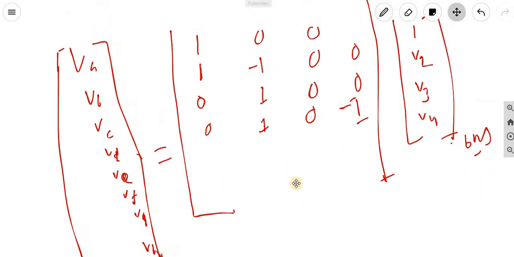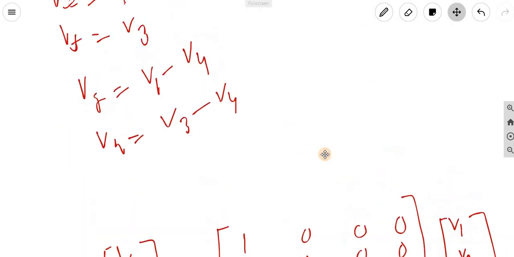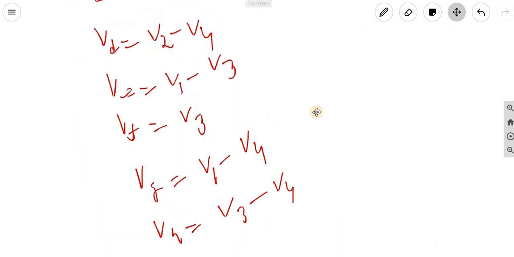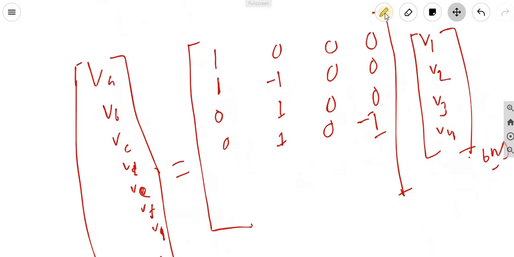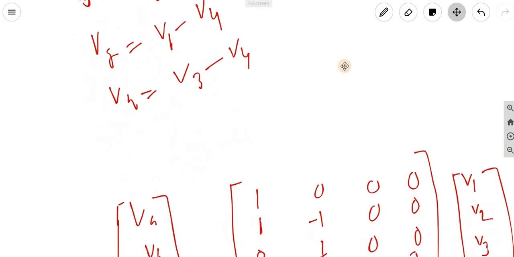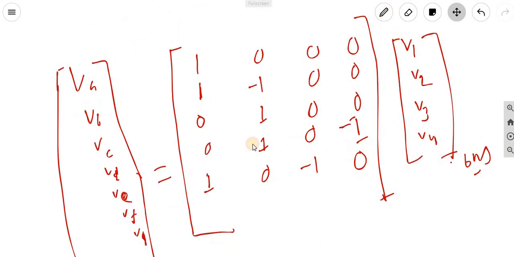And for VE, what we could get, 1 and minus 3, so 1, 0, minus 3, 0. For VF, only V3 is present there.